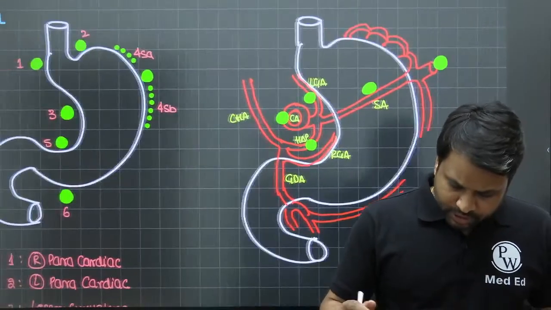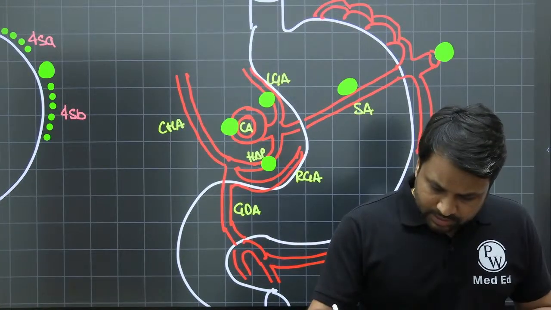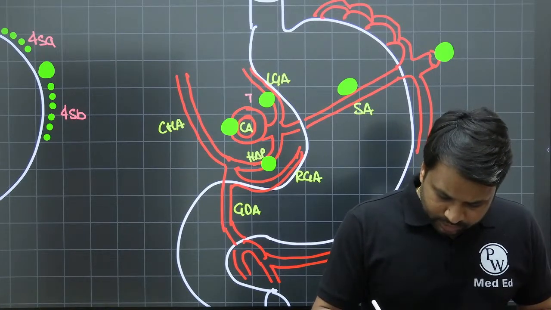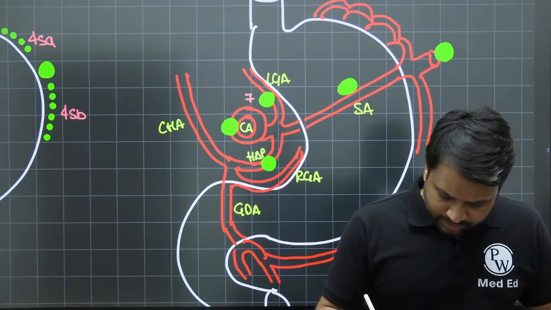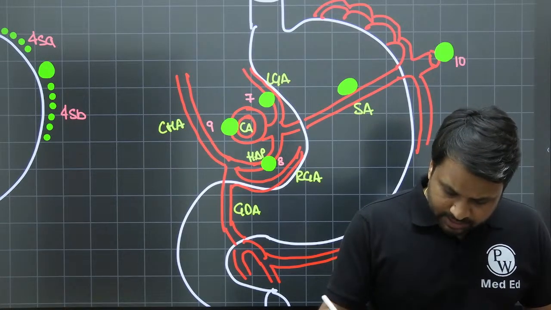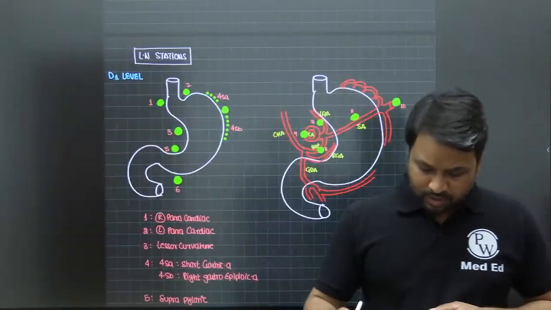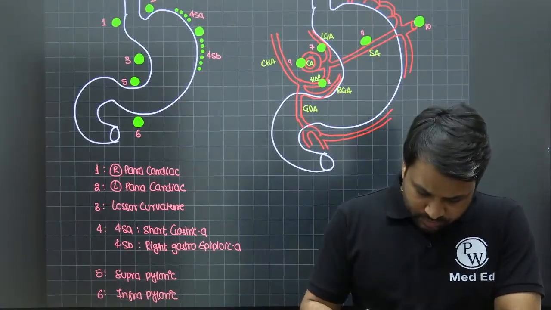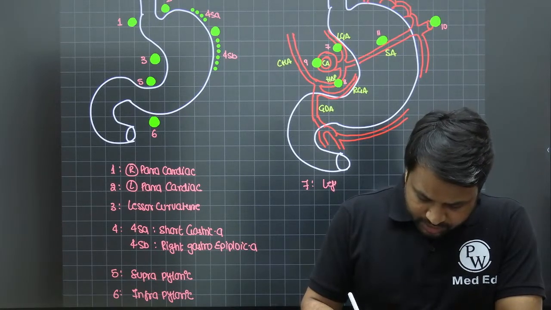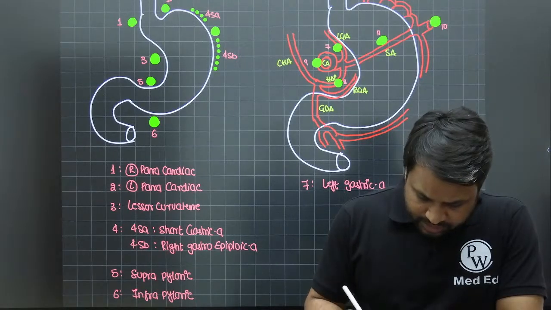So I just simply label them. This is going to be your station 7. Then you have the celiac artery, station 9. The splenic hilum is 10. The splenic artery is 11. Okay. So look at the stations. Station 7 is along the left gastric artery.